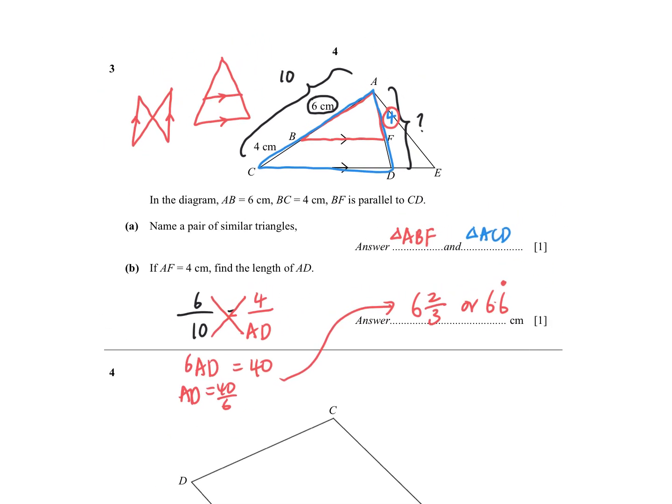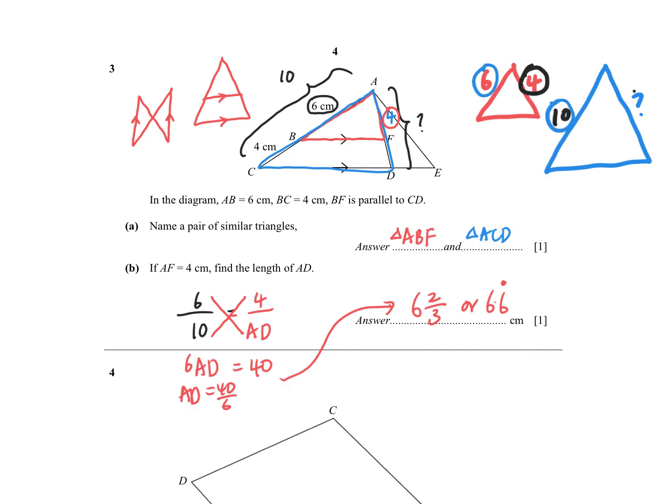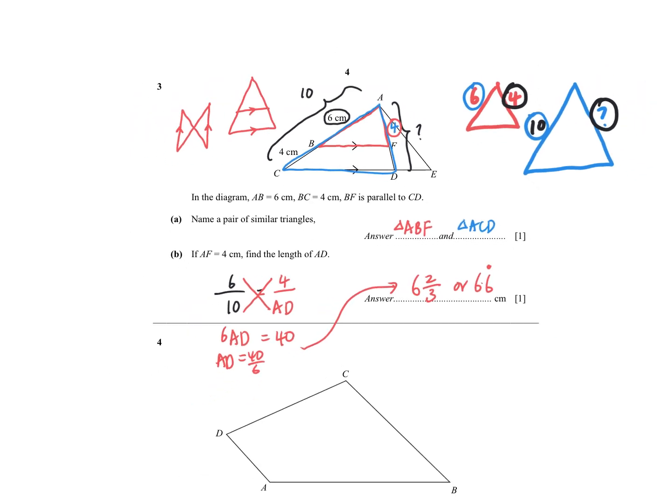Okay, so this is similar triangle. Just take note that no matter what, the small and the big one must always have the same ratio. So this one compare with this, and this one compare with this. It must always give the same ratio.